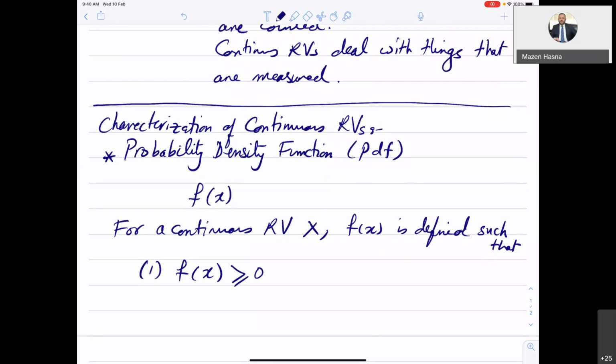If you recall, this is the same thing that we had for the discrete random variable. So the probability density function is a positive entity. Okay, we know this. The second thing that is different, in the case of discrete random variables, we mentioned that the summation of f of x equals 1, right? For discrete.